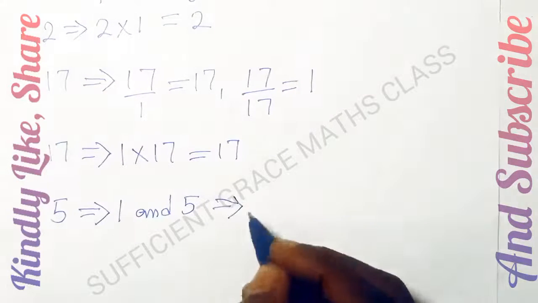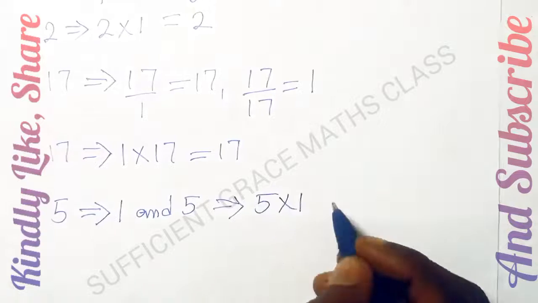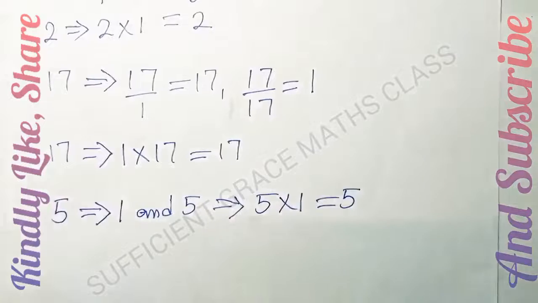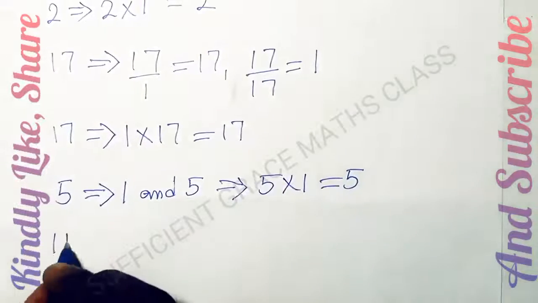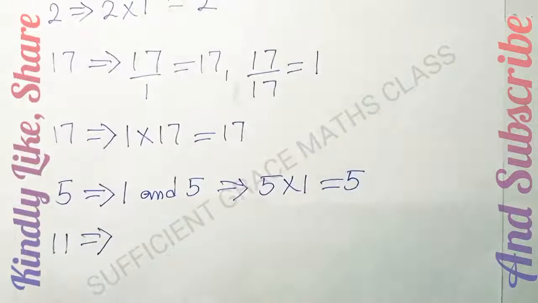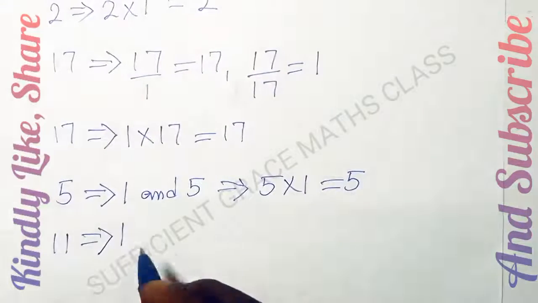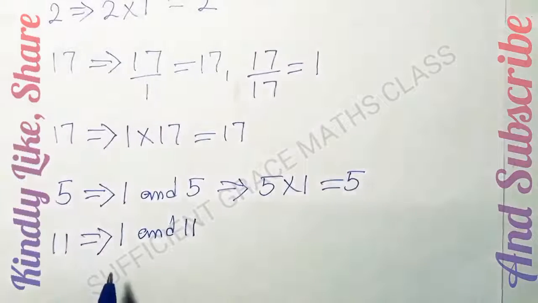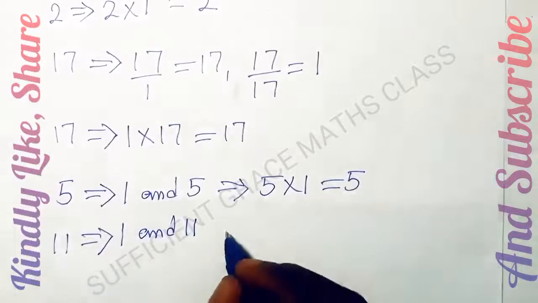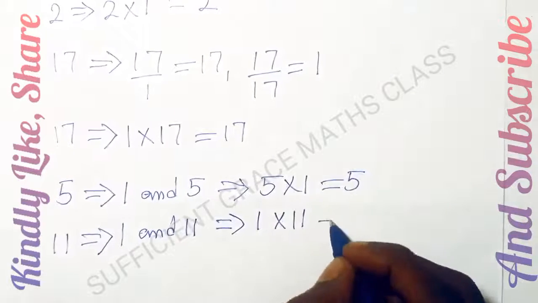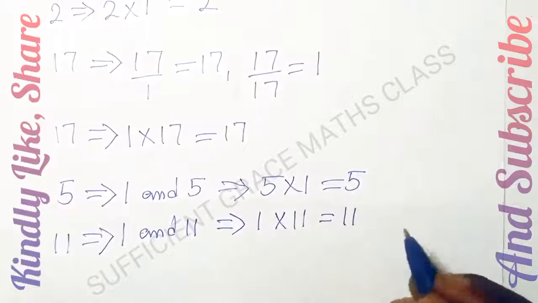That is, 5 times 1 gives us 5. Let's pick another number like 11. 11 has only 2 factors, that is 1 and itself, which is 11. And 1 times 11 gives us 11.